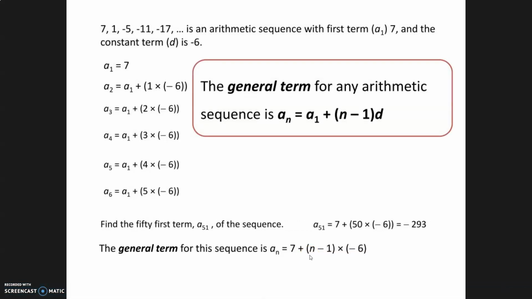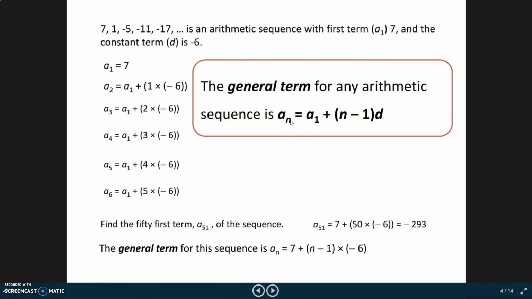And that leads us to our first formula for the chapter. Our general term, which is simply the title of the arbitrary term in an arithmetic sequence, or really any sequence, but the general term for specifically arithmetic sequences is given by A sub n, that's the general term, is equal to A1, your first term, plus n minus 1 times d, d being your common difference, whatever that pattern that follows from our rule for arithmetic sequences.